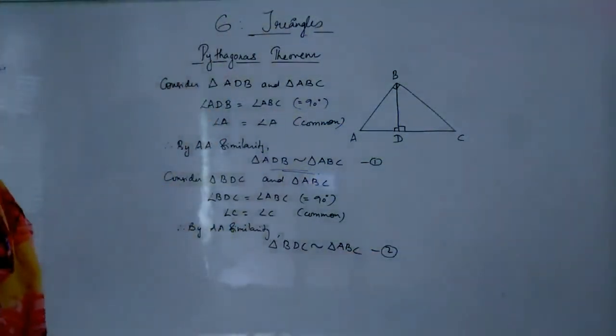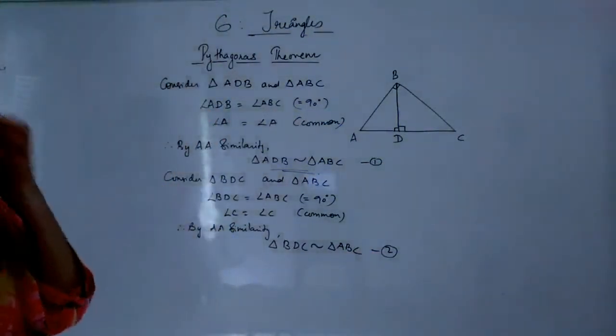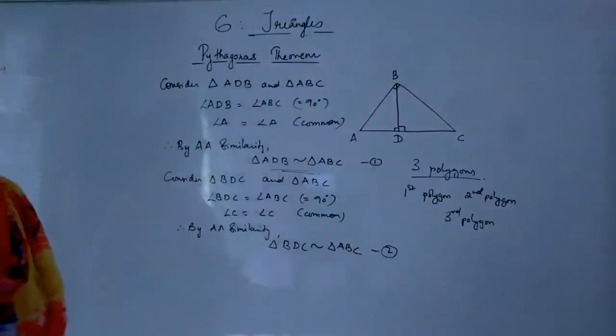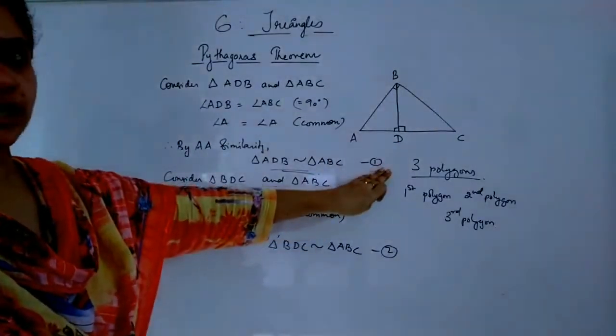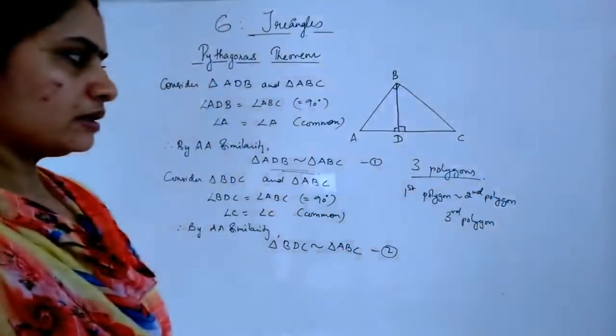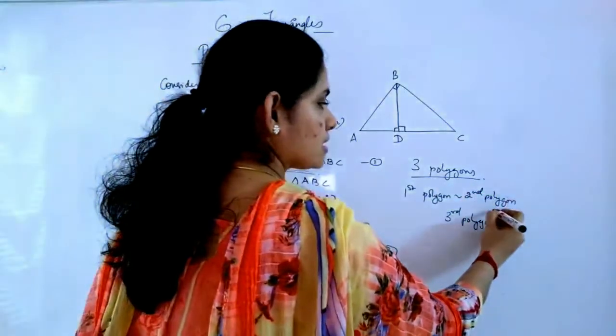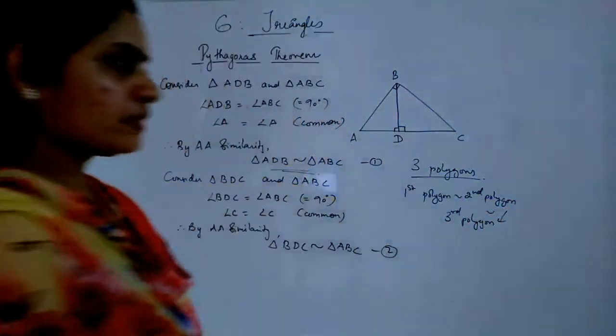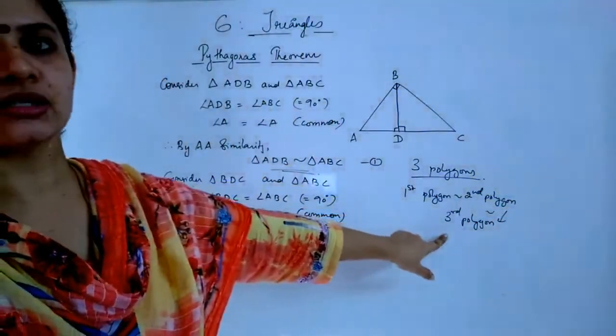Already we have seen that if we have three polygons, and the first polygon is similar to the second polygon, and the second polygon is similar to the third one, then the first and third are also similar.